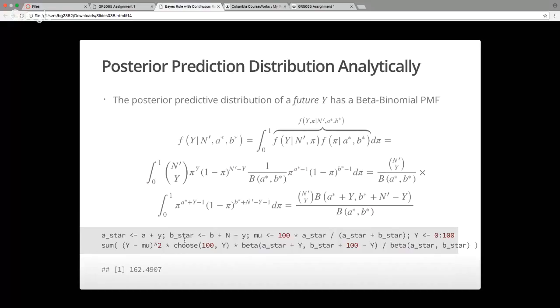Again, it's going to involve beta functions, in this case, a ratio of beta functions. In any way, this defines the probability mass function of what's known as a beta binomial distribution. And then if you work out its variance analytically by summing it up from 0 to 100, you get essentially the same number that we were getting before when we did our simulation.